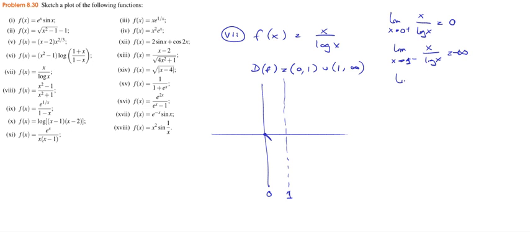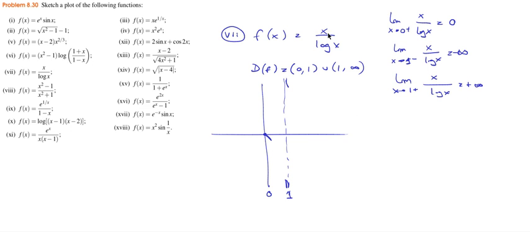And then from the positive side of 1, the logarithm goes to 0 from the positive side, so this is plus infinity. So you have something like this and something like this. So it seems like this is going to be like this, maybe, but maybe there's a chance of a change in concavity. We need to check that.